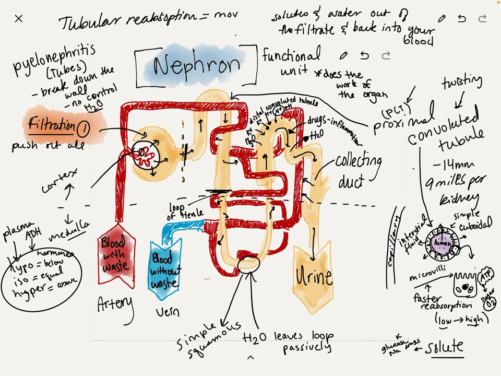And then what's going to happen is things are going to go back in the loop of Henle over here. And then some things are going to go out of the blood again. Okay. And then you're going to go in the collecting tube where some water will leave, but then the rest is going to be your urine.